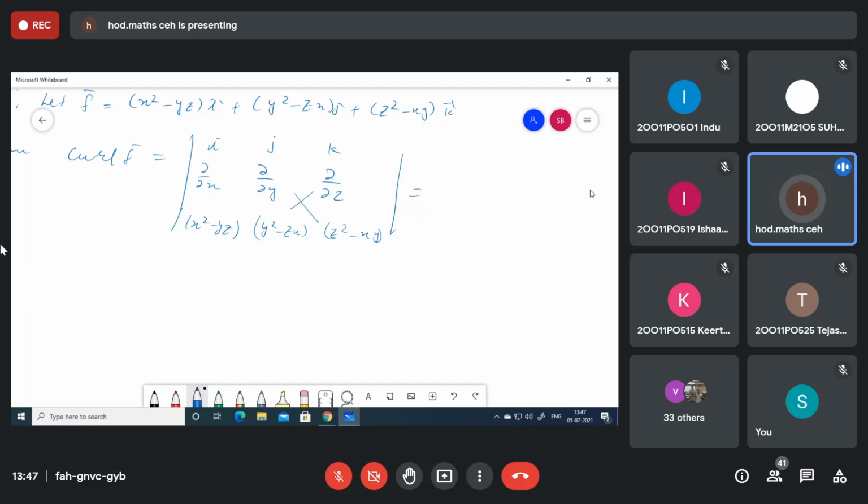This and this need to be differentiated. So i cap as it is. When you differentiate this with respect to x, you will get minus x. And when you differentiate this with respect to z, minus minus will be plus z, x you will get.